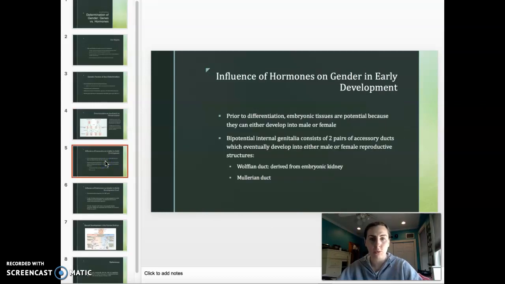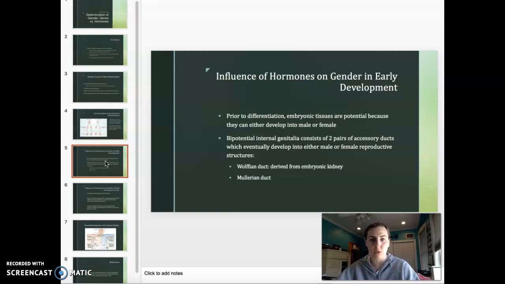Now, the influence of hormones on gender in early development. Before differentiation occurs and an individual embryo is determined to be either male or female, we have embryonic tissues that are bipotential, because they can develop into either male or female. The bipotential internal genitalia consist of two pairs of accessory ducts, which eventually develop into the male or female reproductive structures later in the development of the embryo.